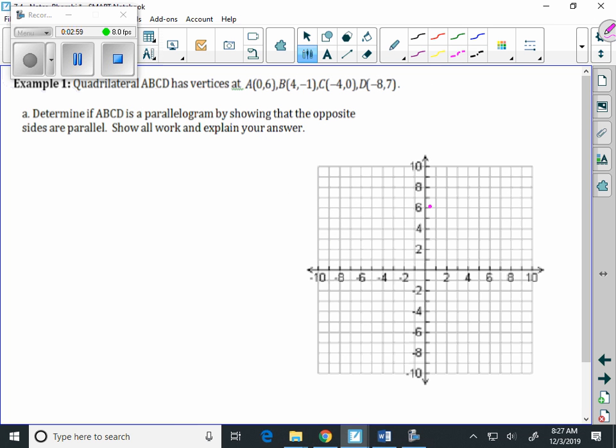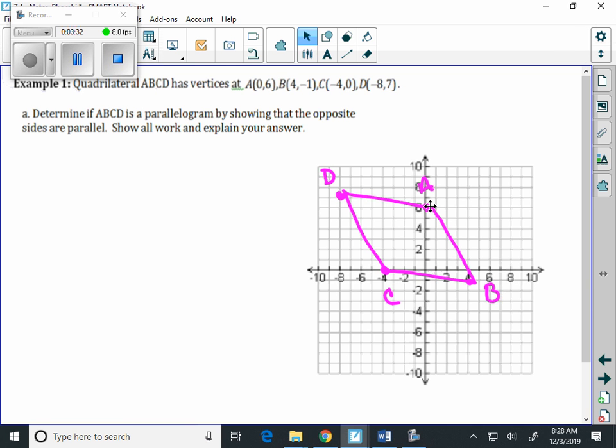A is (0, 6), B is (4, -1), C is (-4, 0), and D is (-8, 7). So here's C and here's D. And hopefully your picture's a little bit better than mine.